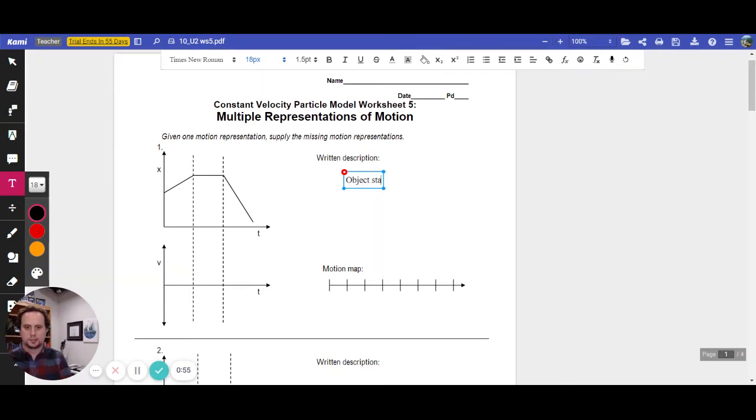Object starts at a position away from 0 and travels at a constant positive velocity.